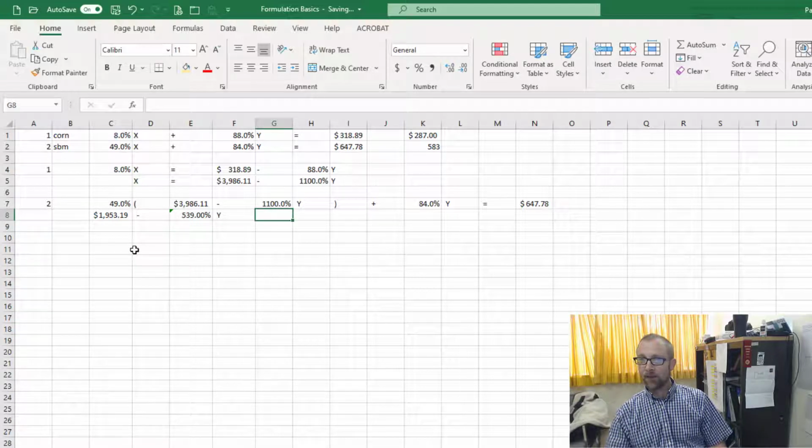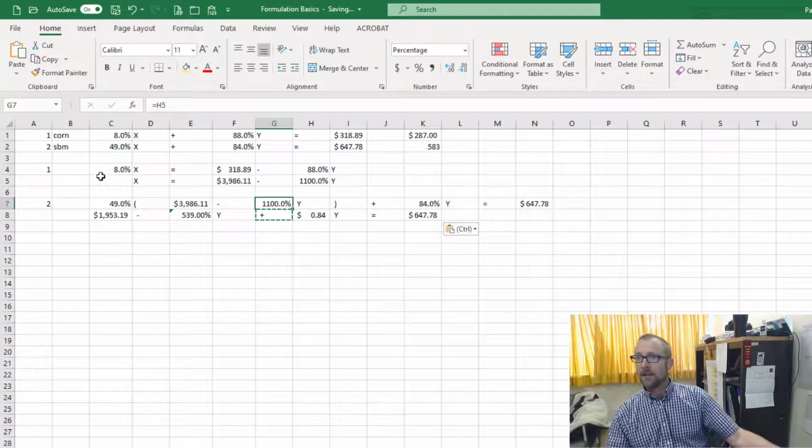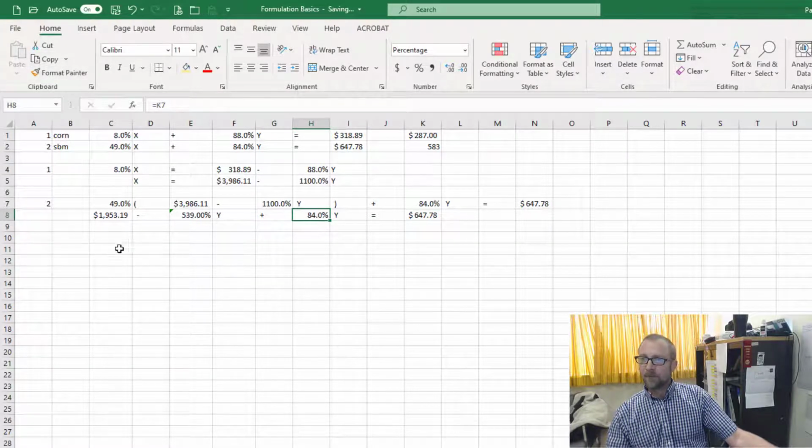And then we're going to continue with this number as we go across till we get to the $647. Again, this is a percent. Now we can put like terms together. So I'm going to leave the y's on this side, and I'm going to move the numbers to the other side.